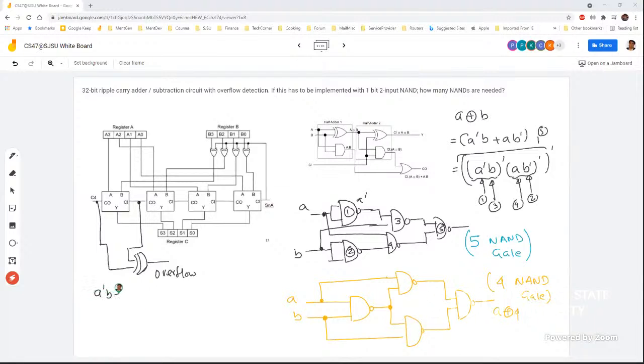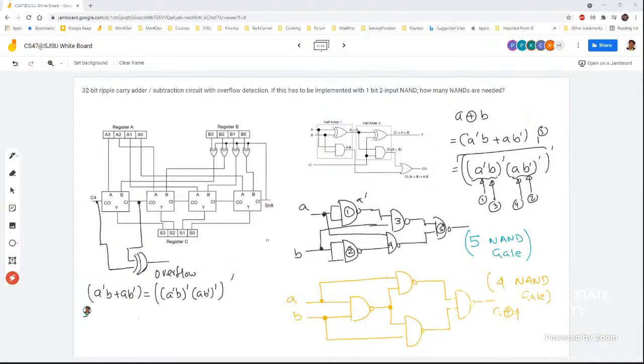A bar B, A B bar, that's an XOR. From there, we come to our previous arrangement, which is (A bar B) whole bar, (A B bar) whole bar, whole bar.